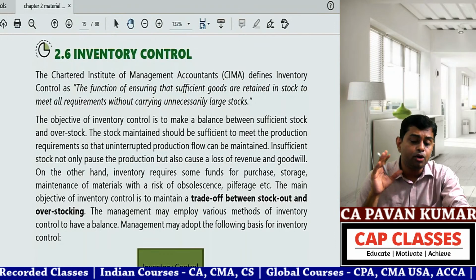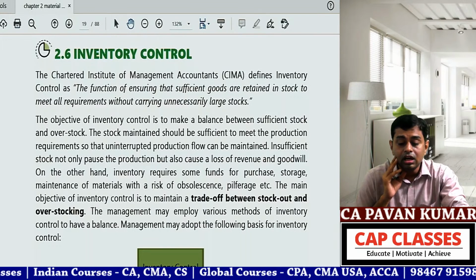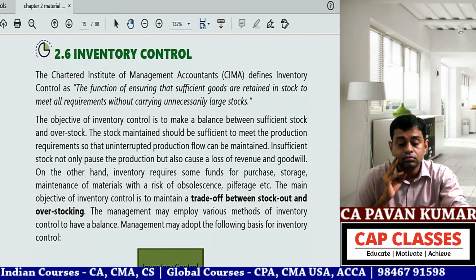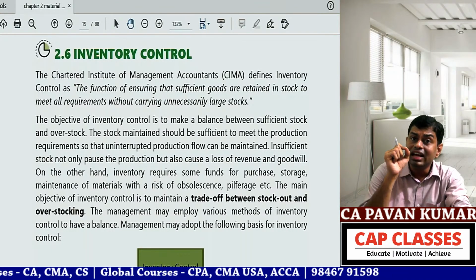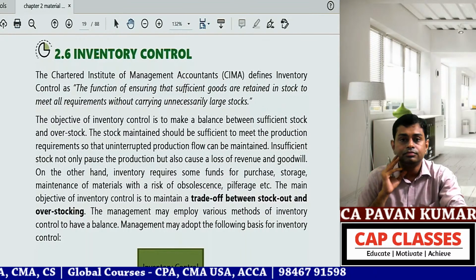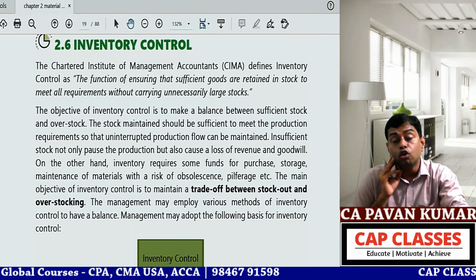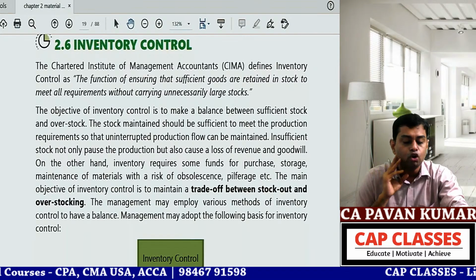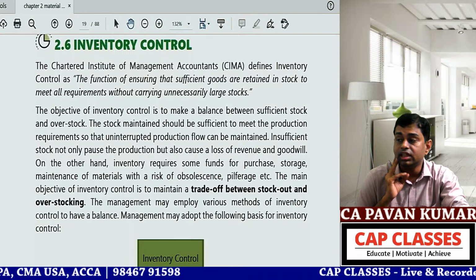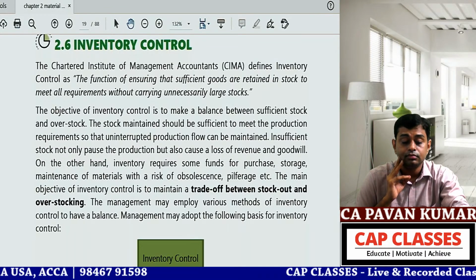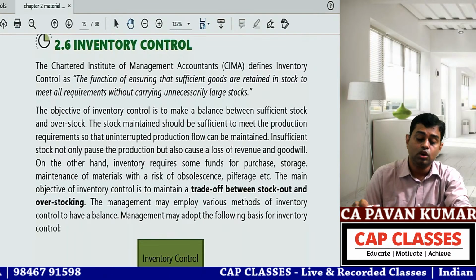At the same time, there should be no instance of overstocking.